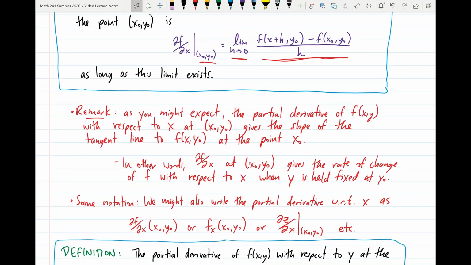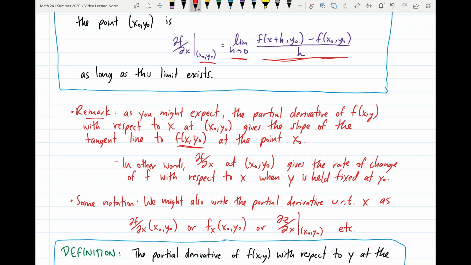And as you might expect, the partial derivative of f of x, y with respect to x at x naught, y naught gives the slope of the tangent line to our curve f of x, y naught in the plane at the point x naught. So remember in Calc 1, the derivative gave us the slope of the tangent line to our function.